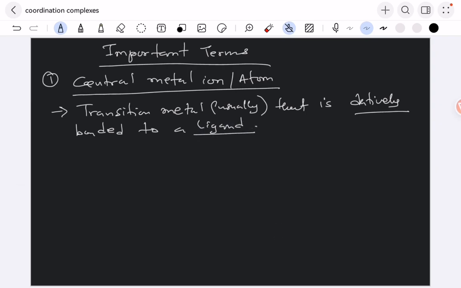Like I mentioned, we're going to have a metal that is bonded to a ligand, and remember, a pair of electrons will be donated by a ligand.